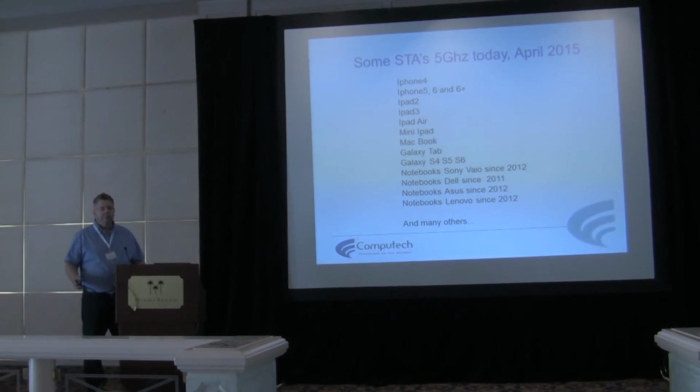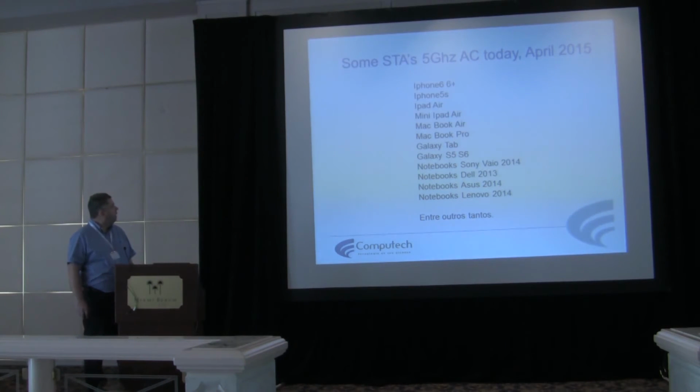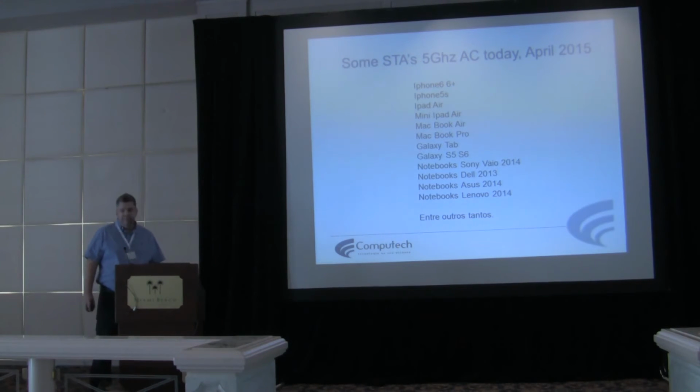Since 3 years ago, all the equipments are having 5 gigahertz wireless LAN. Some have AC 5 gigahertz today: the iPhone 5S, iPad Air, mini iPad Air, Galaxy, all newer notebooks.